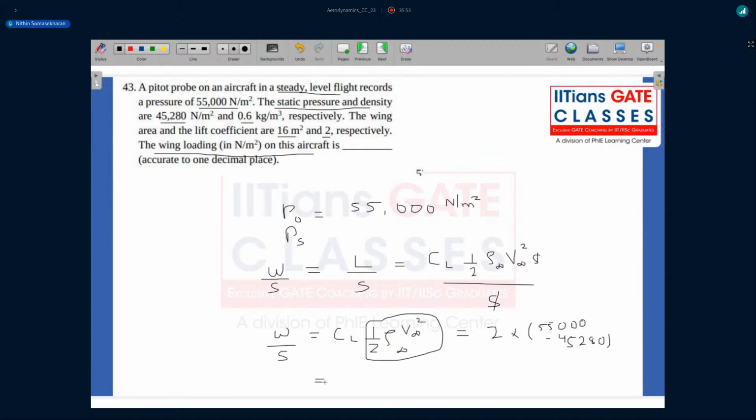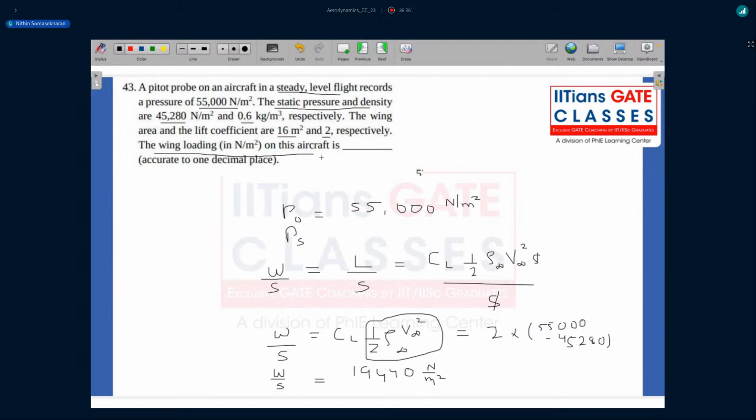So your wing loading will turn out to be a value due to the calculation. It will take up a value of around 19.4 kilonewtons per meter square, so it would be 19,440 Newton per meter square as your wing loading.